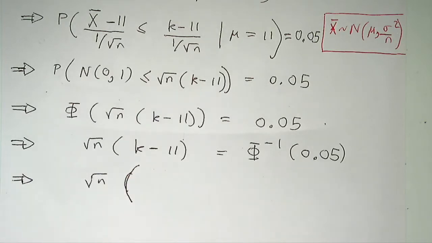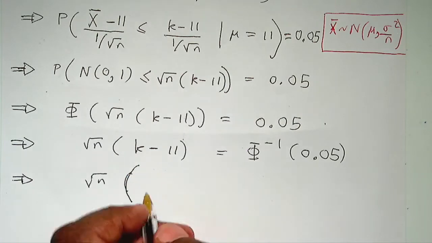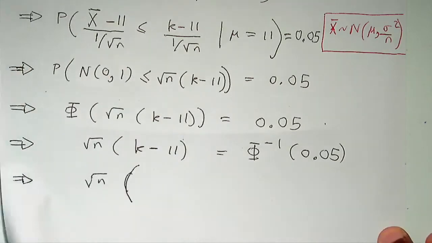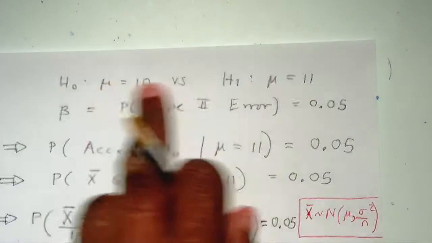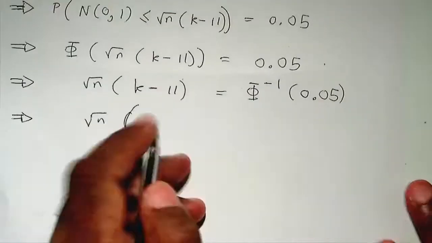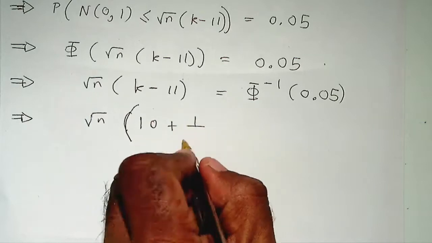Now this is where I'm going to do the following. Remember, we have a formula for k, which is this one. This is the formula for k. So I'm going to sub it in here because we know the value for k is equal to this one. And mu0 in this formula is equal to 10, because remember, this is the hypothesis we are testing. This is mu0. So your mu0 is 10 plus 1 over root of n.